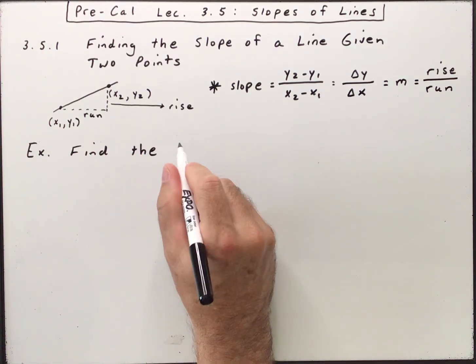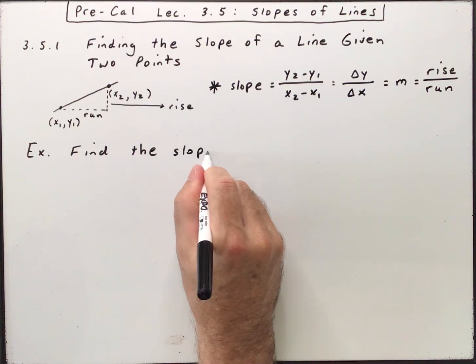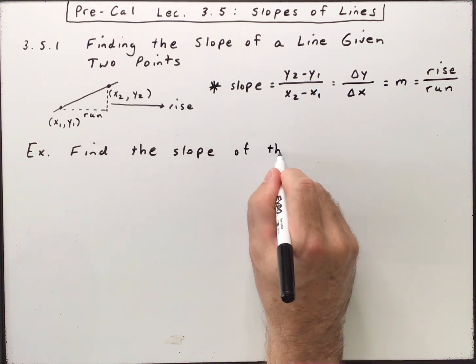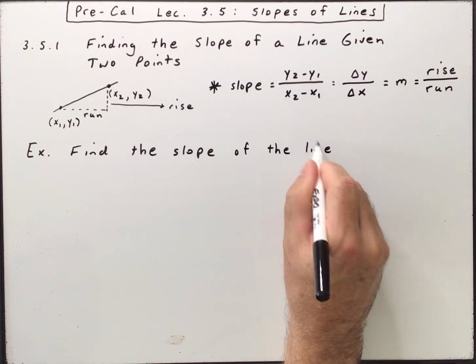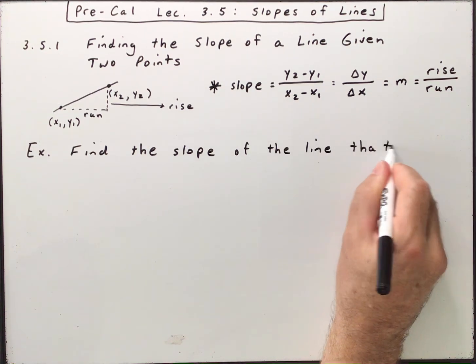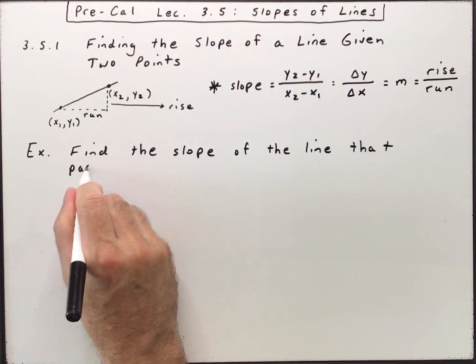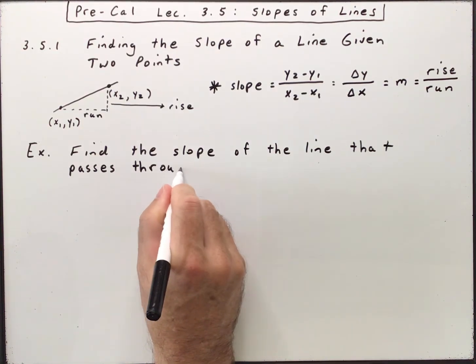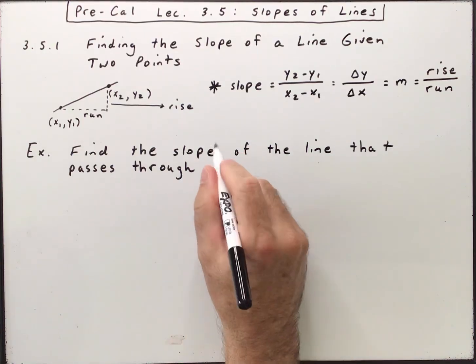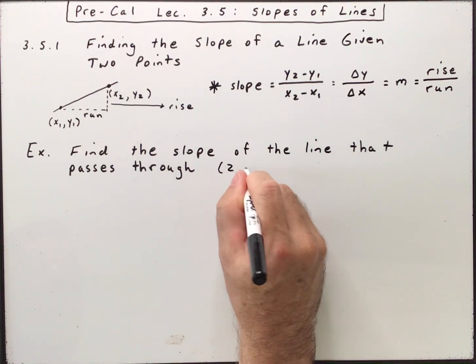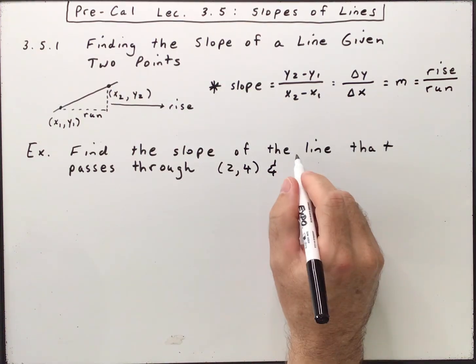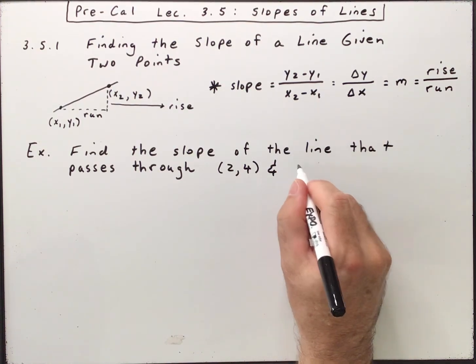So you want to find the slope of the line that passes through 2, 4 and 2, 7.